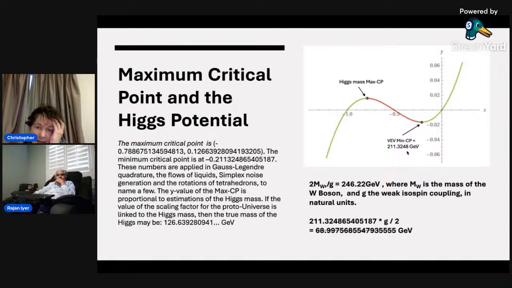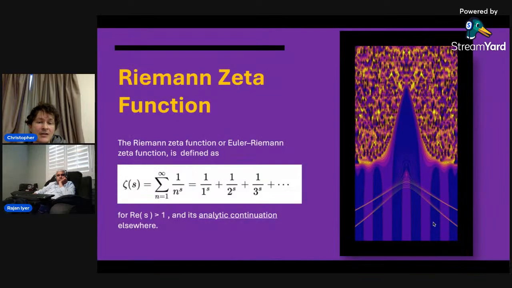So if we were to replace the current value of the vacuum expectation value with our new expectation value, we'll see that the answer for the mass of the W boson comes out at roughly 68 GeV, or 68.99 GeV, which is obviously incorrect. So there needs to be some work done here, possibly in terms of gauge group stuff, but we'll look into that later because it's not fully finalized yet.